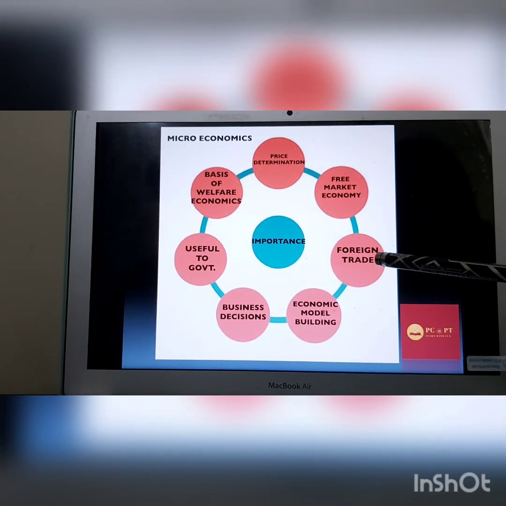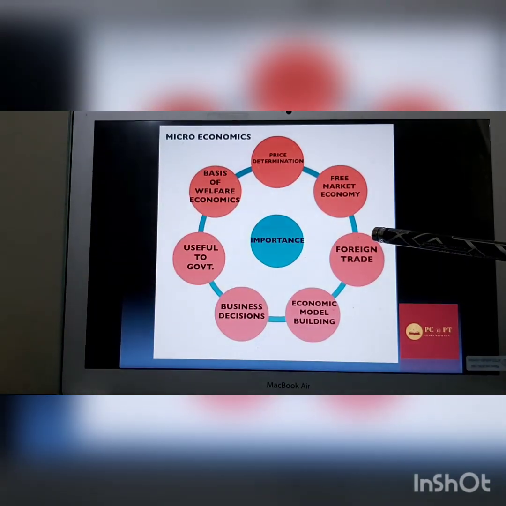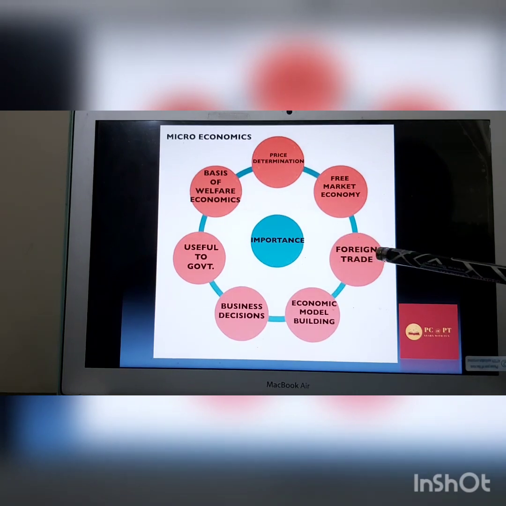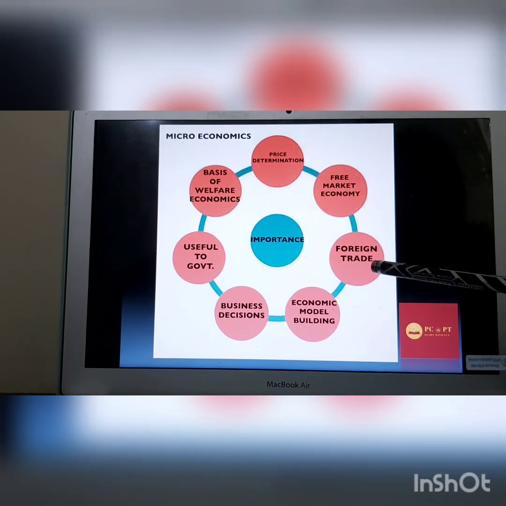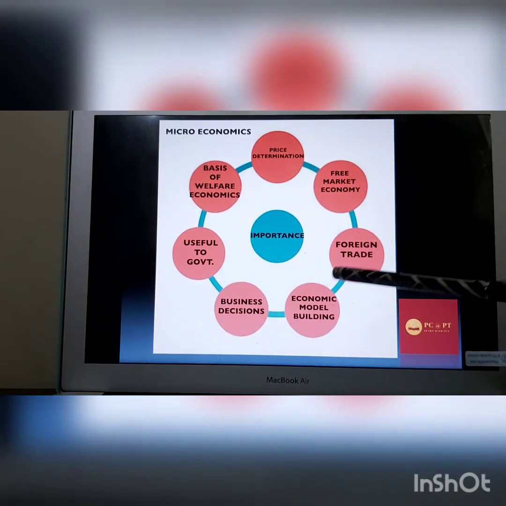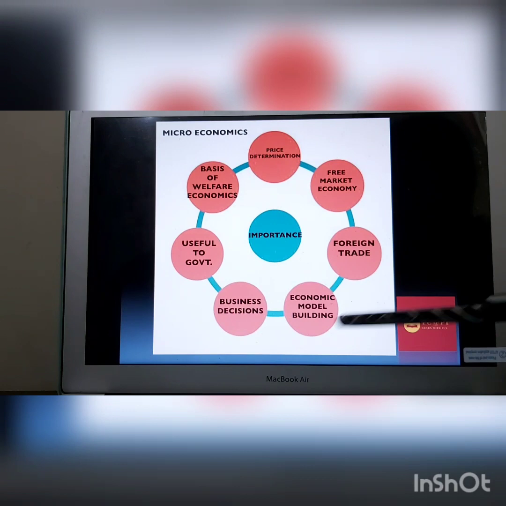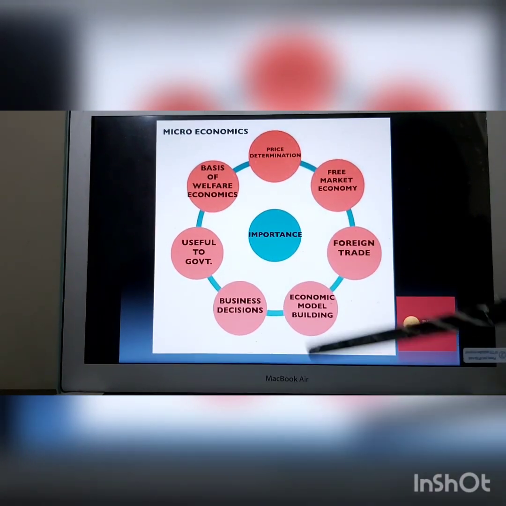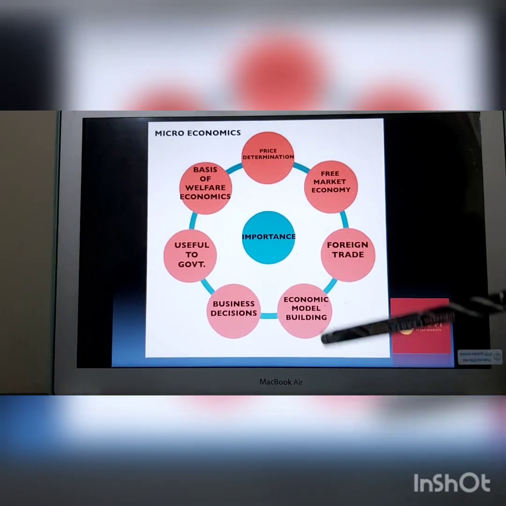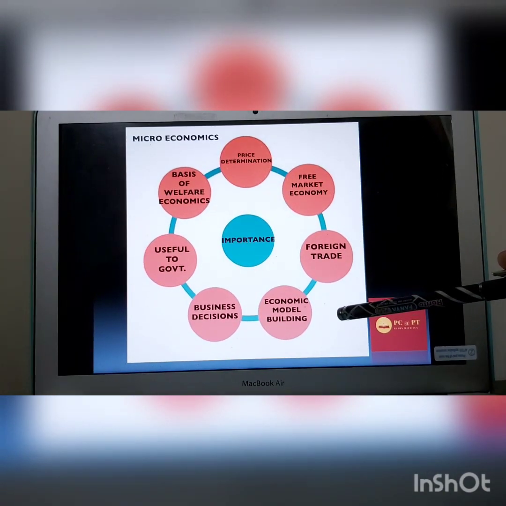Economic model building. Now what are the different economic model building? I'll give you a few examples. Basically, you have been developing lots and lots of projects and models during your science exhibitions. At your school level, you definitely do this some day or the other. While doing that, whatever structure you are making is a mock of a final scenario. Just say you make a model for your rainwater harvesting.